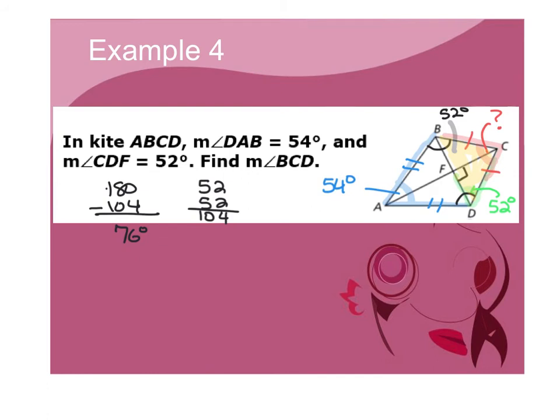I'm talking about the yellow triangle. So if I know that these two base angles are 52, then this vertex angle up here is just going to be 180 minus those two 52s, and it's 76 degrees. So BCD is 76.